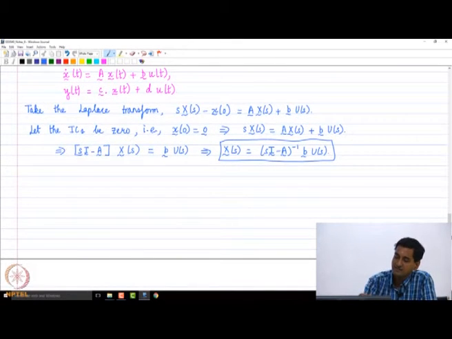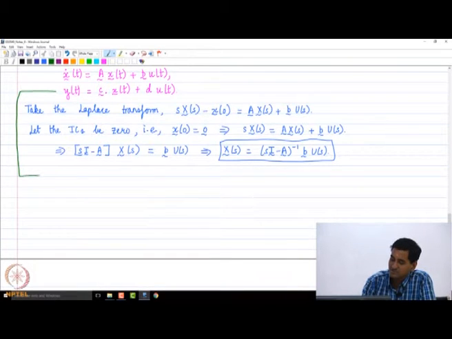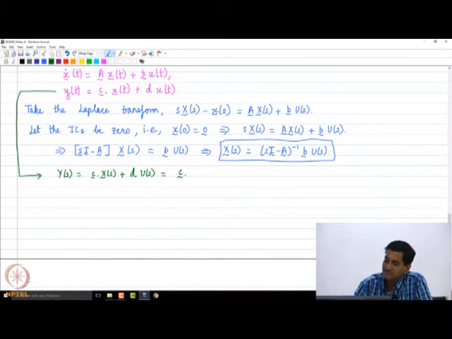Similarly, take the Laplace transform of the output equation. What are we going to get? Y of s is going to be equal to C dot X of s plus D times U of s. So C dot X of s is going to be C dot sI minus A inverse B U of s, plus D times U of s.